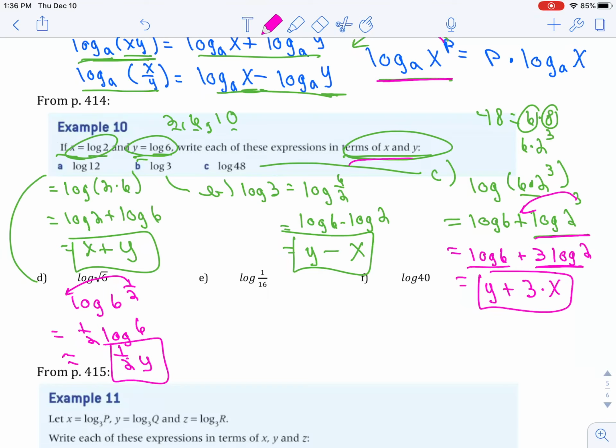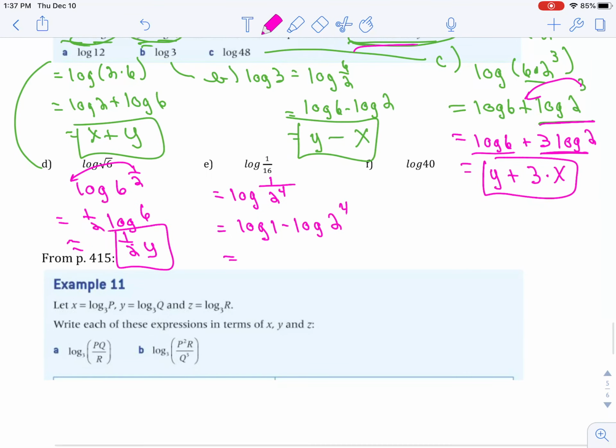The next one we can think of as being the log of 1 over 2 to the 4th. Remember, we're trying to use 2's, 4's, and 10's. It's the log of a quotient, so you can write that as the difference of the logs. That's using this rule right here. So this becomes the log of 1 minus the log of 2 to the 4th.